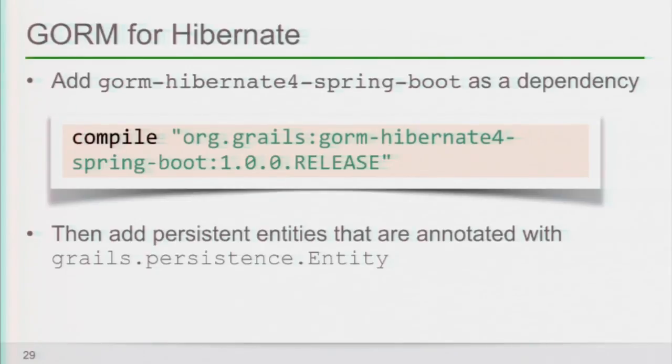Then, because Spring Boot doesn't have conventions for a directory structure like Grails does, there's no grails-app/domain directory, so Grails can't know exactly what is an entity. So each GORM entity you have to annotate with grails.persistence.Entity in your application.